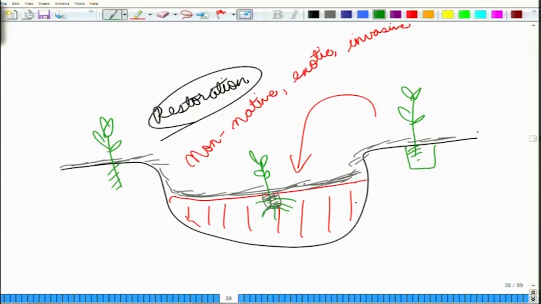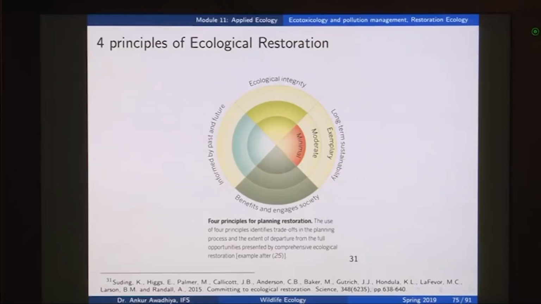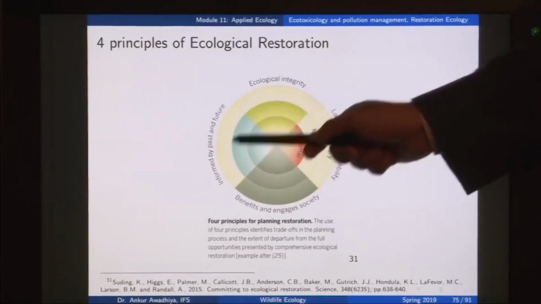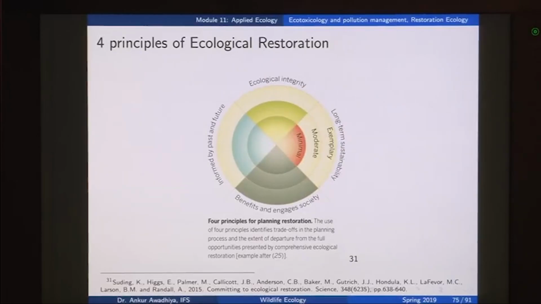Do you need to irrigate this area or not? If you need to irrigate this area, how often do you need to irrigate, and things like that. So, all the past information and even the information that comes up in future needs to be integrated into any of your restoration activities. You just cannot say that I did not have time to look at this information and so I did the wrong thing. It has to be well informed.